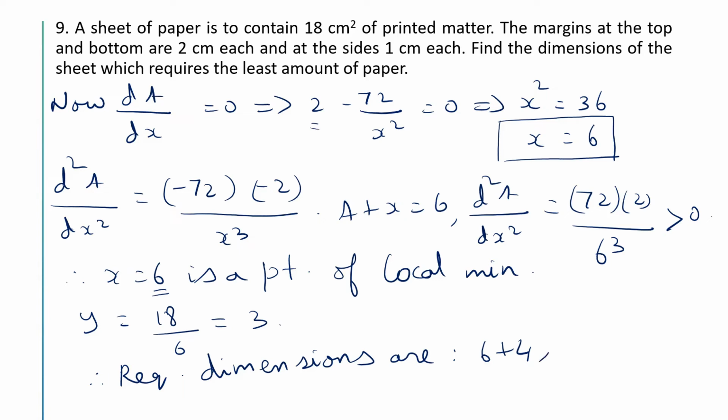So it is length plus 4 comma breadth plus 2, or 10 comma 5. So these are the dimensions of the sheet, so that least amount of paper is required.